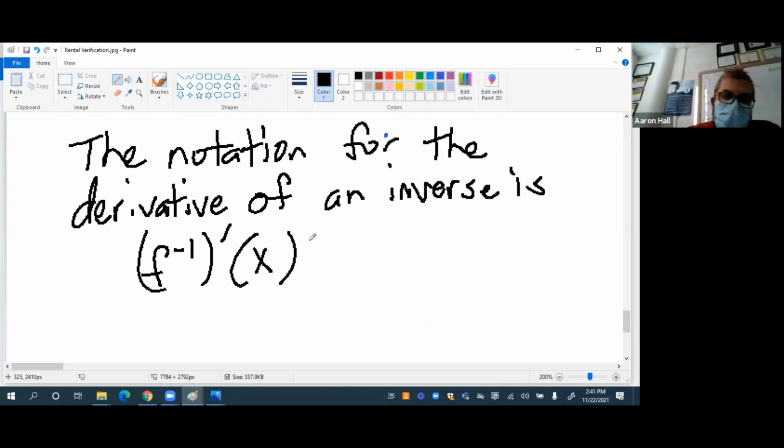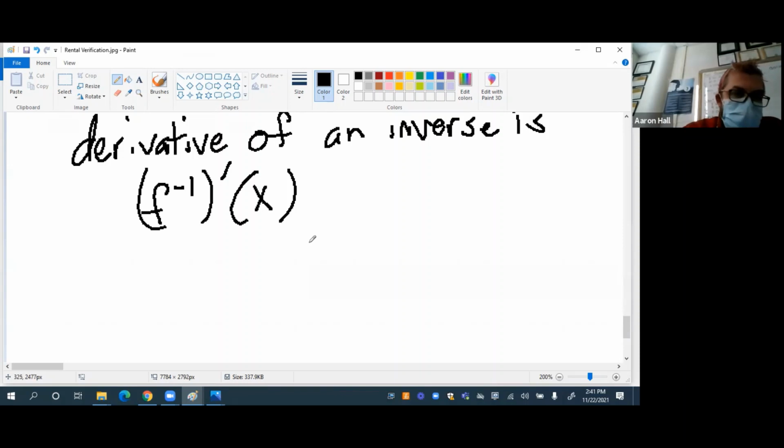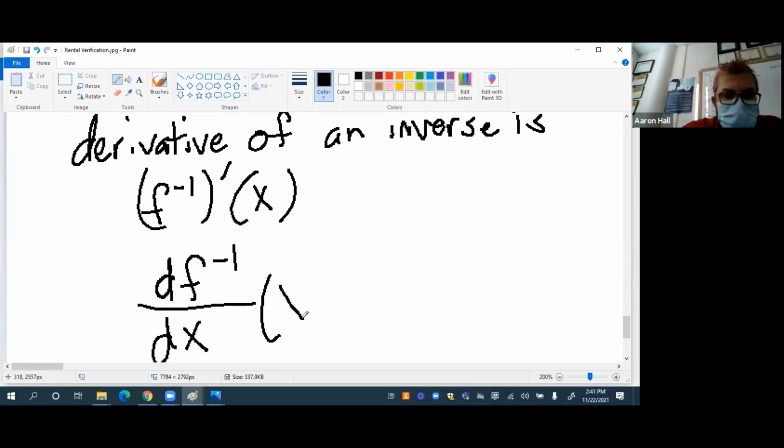We can also write it this way. This is less common, but it is still possible to see it written like this. That's less common. You're going to see it more like this.